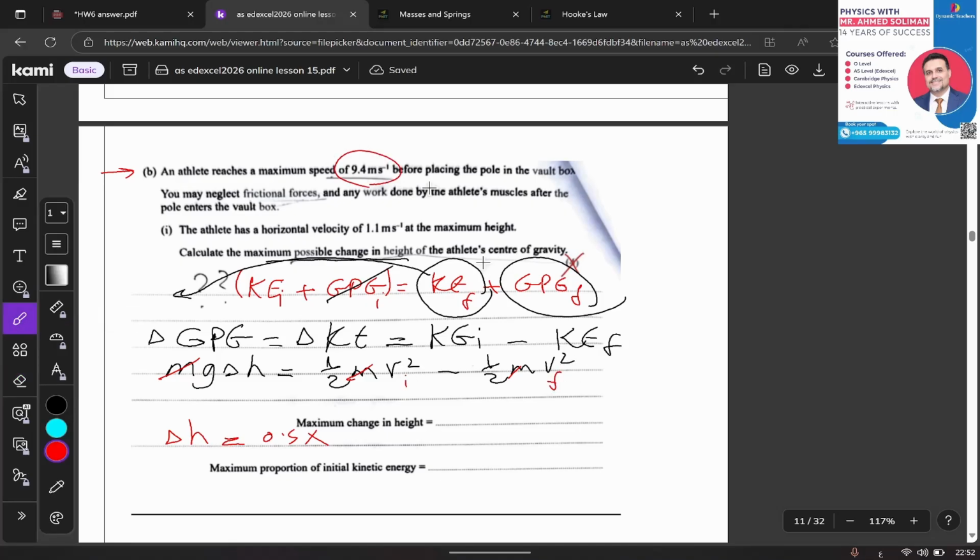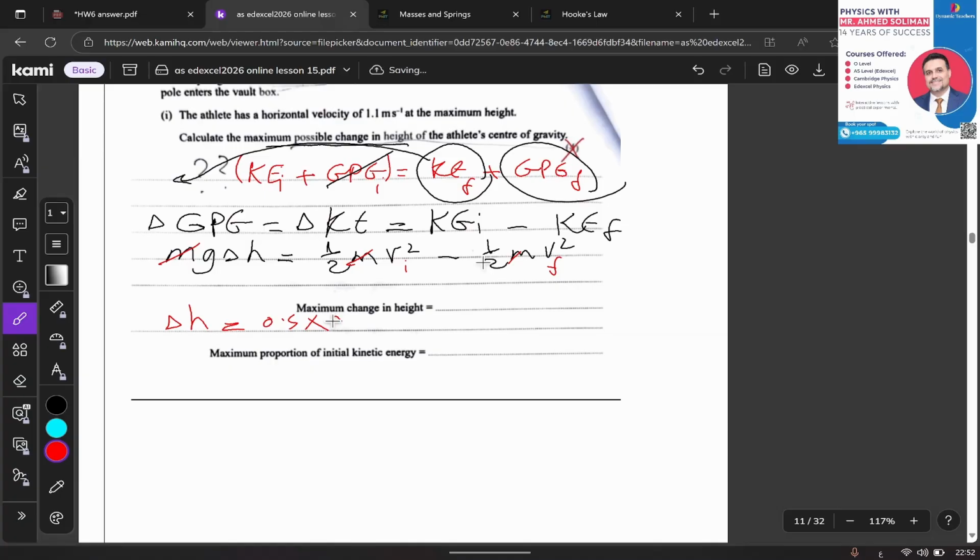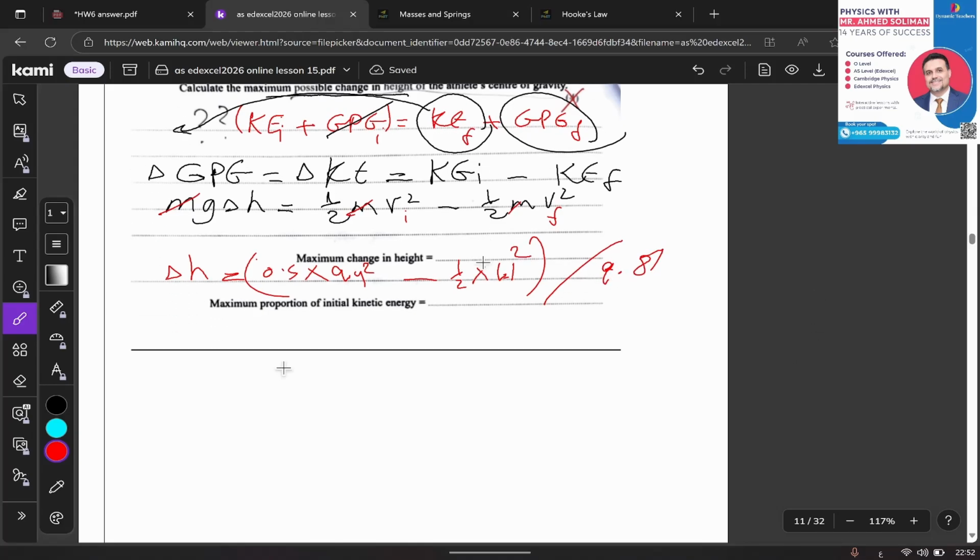What is the initial velocity? 9.4. 9.4 squared, minus half multiplied by 1.1 squared, all of this divided by 9.81. This will give you the maximum change in height in meters. Do you understand, Mirola? Yes. Okay.